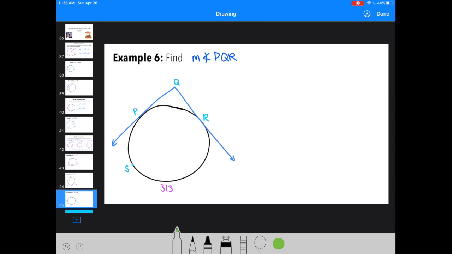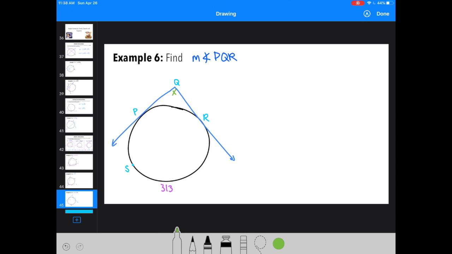Here I am wanting to solve for angle PQR, right here. The only information I'm given is that arc PSR is 313 degrees. How am I going to solve if that's the only quantity I'm given? Well, remember my circle properties.